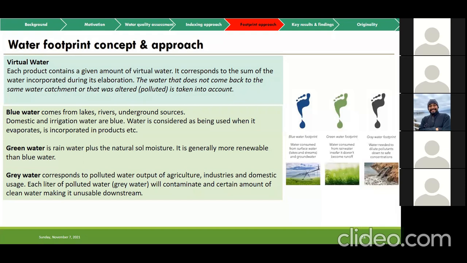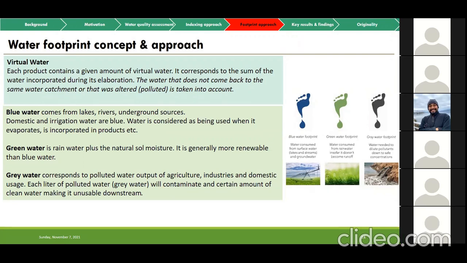Similarly, green water is related to rain, and the most important is the gray water footprint, which is based on the concept of dilution. Conceptually, if water is more contaminated, it means you need more fresh water to dilute it, not actually, but conceptually.